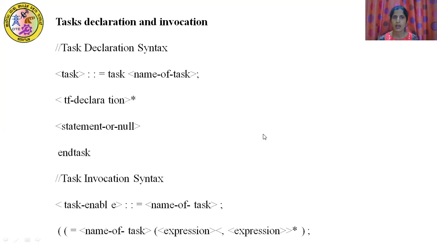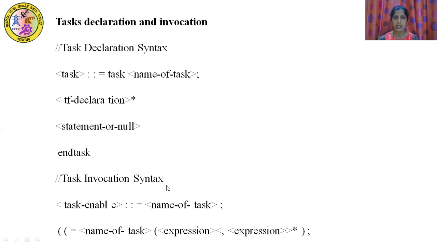Moving further, let's know about the task declaration and invocation syntax. First of all, how is the task declaration syntax? A task is always declared with the keyword task followed by the name of the task, and ends with a semicolon. In the initial part of the task, we can do the declarations, followed by the program statements, and the task ends with the keyword endtask.